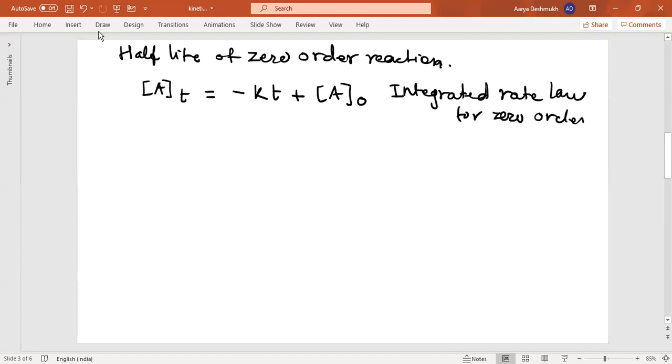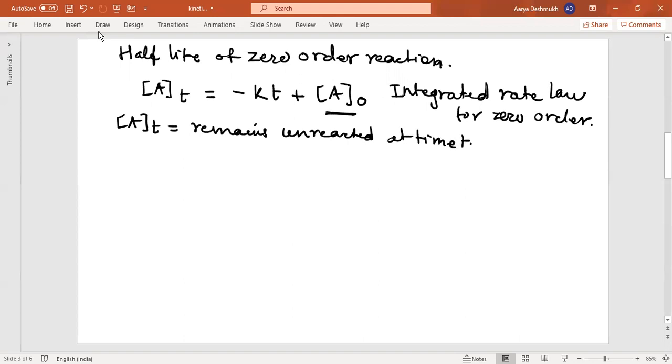Here [A]t is the concentration of A that remains unreacted at time t, and [A]0 is the initial concentration of the reactant, when t equals 0.